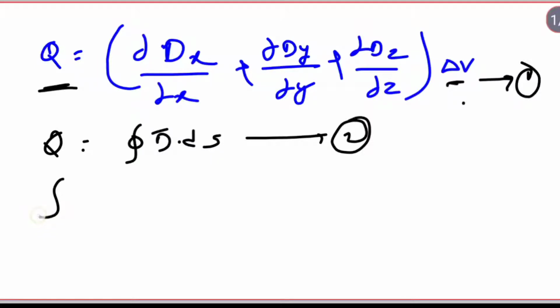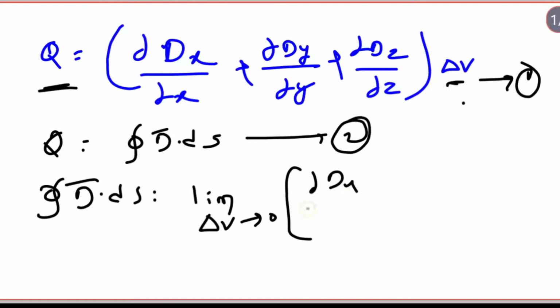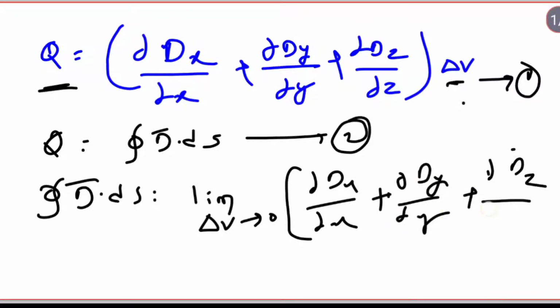That is, surface integral D dot dS equal to limit delta V tends to 0 of dou Dx by dou x plus dou Dy by dou y plus dou Dz by dou z into delta V. We can equate and apply the limit delta V tends to 0.